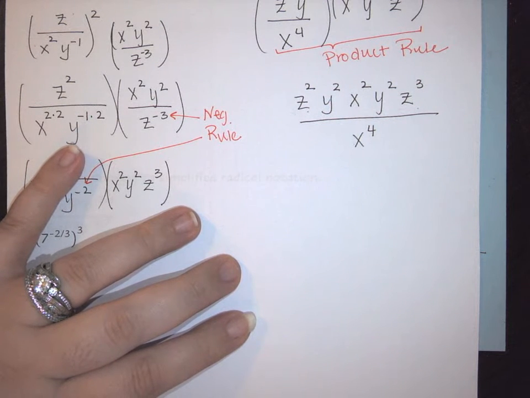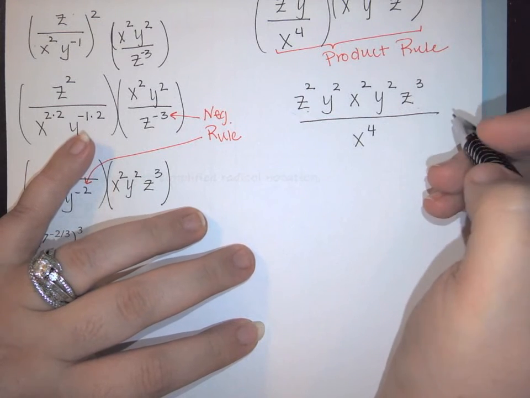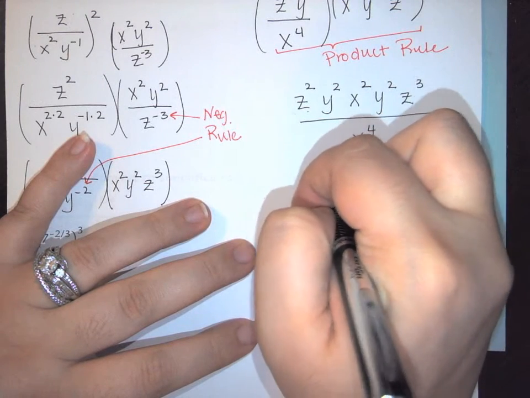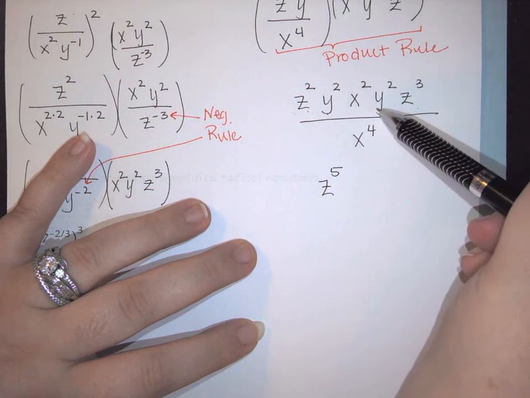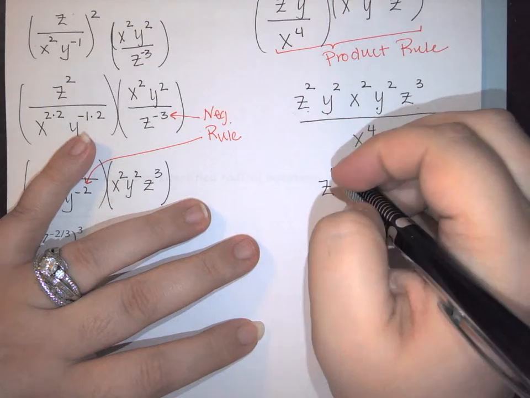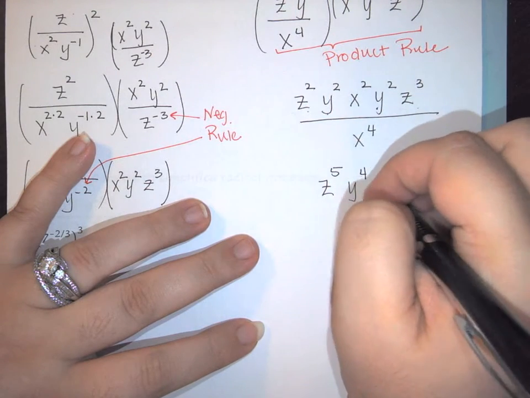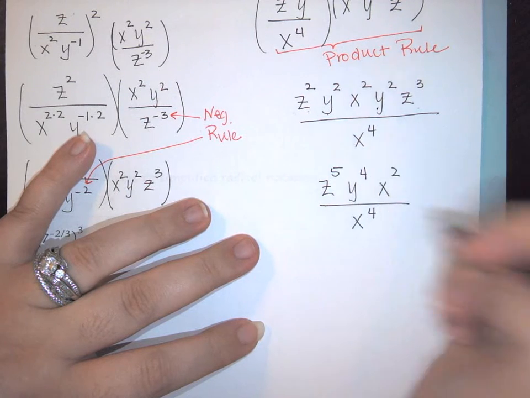The product rule says that we have to add the powers. 2 plus 3 is going to give you 5, so this is going to become z to the fifth. I have a y squared and a y squared. Again, add the powers and we get y to the fourth. And then I have an x squared, and the whole thing is over x to the fourth.